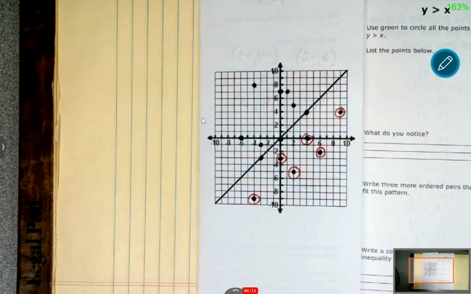What do you notice about all of these points? Any pattern you notice? Sam? There's a positive correlation. Isabel? They're all on the right side of the line, and that's not wrong, but I'd prefer if you could think about it in a different way. Is there another way you could describe something very similar?